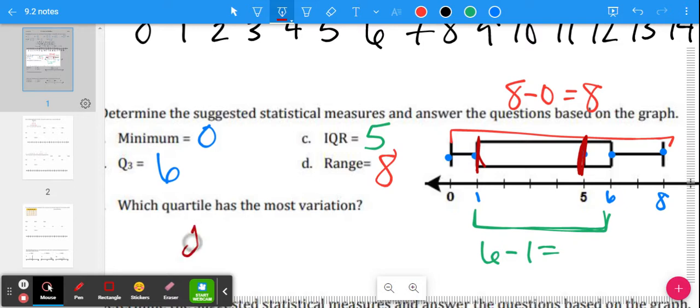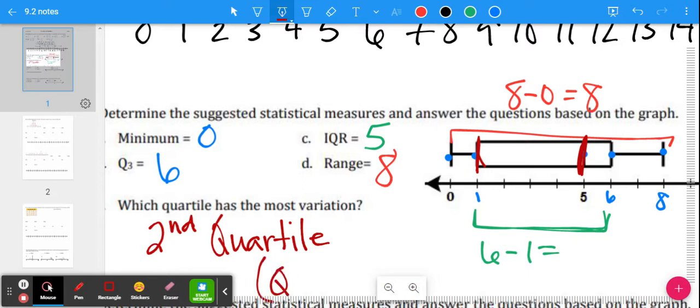That is the second quartile. So it's the second piece of it, the second quartile, which is from Q1 through the median, or Q2.